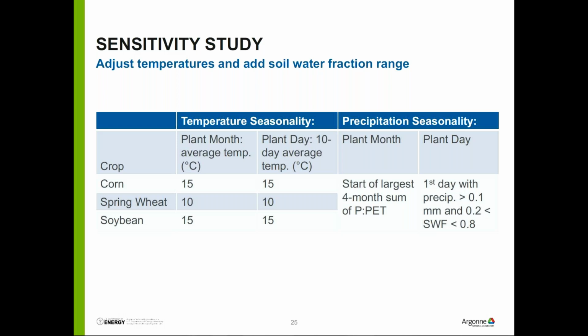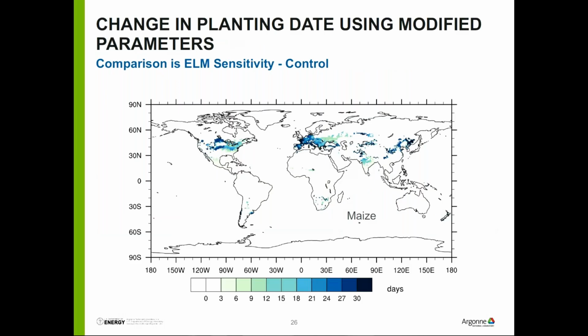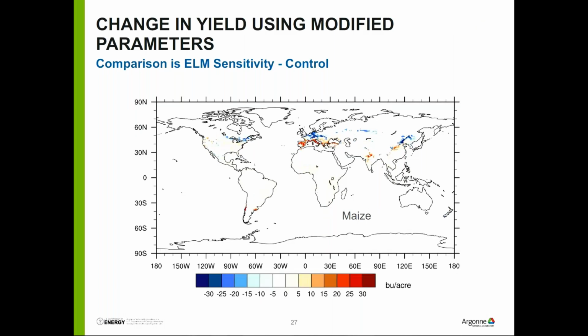But as you'll see in the next figure, it doesn't actually have any impact whatsoever, at least in the precipitation seasonal areas. In the temperature seasonal areas, especially in the northern mid-latitudes, you can see that we're pushing our plant dates later by a few weeks up to a month. And so that can have some pretty big impacts on the crops as far as yields and the growing season.